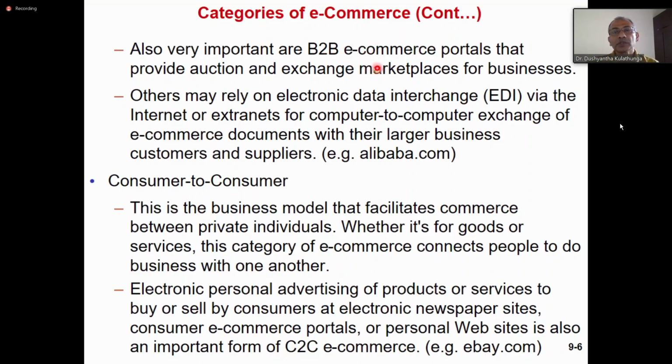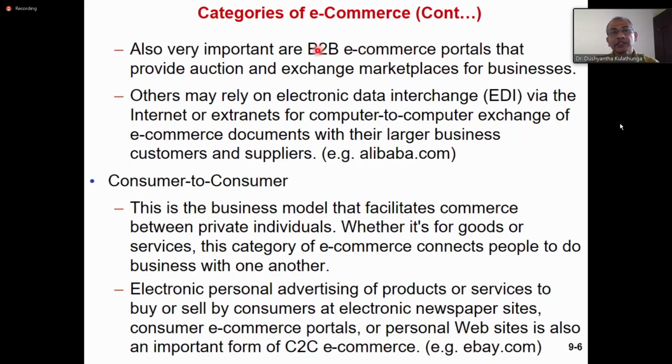That is also enabled through these portals, these online exchanges, online marketplaces.